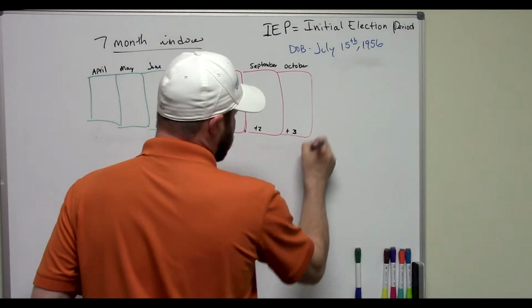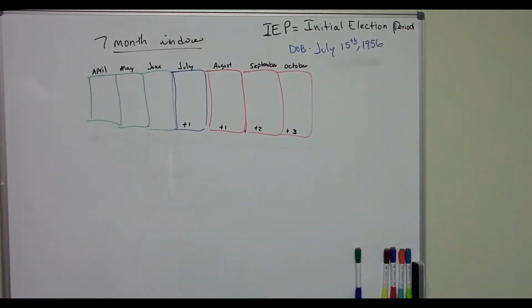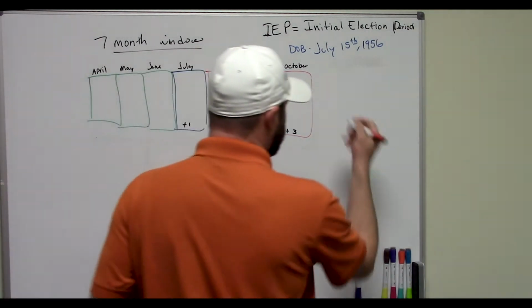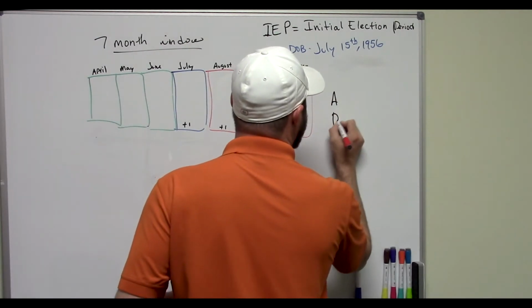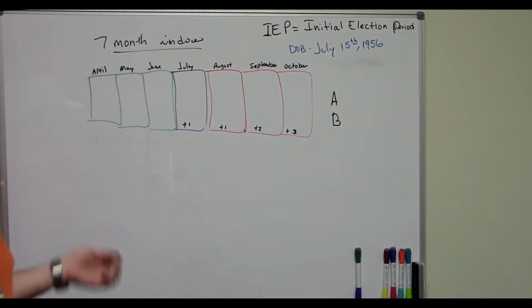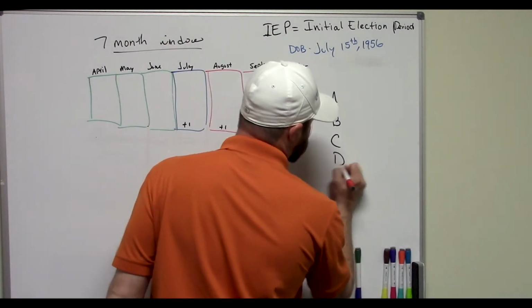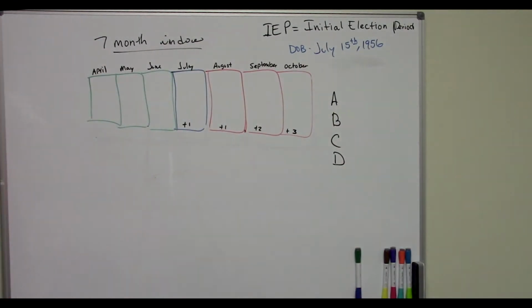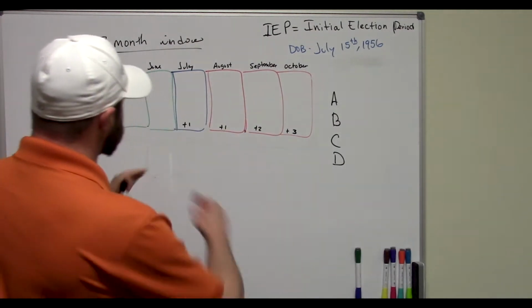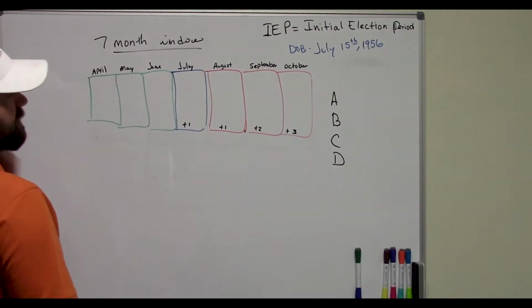And you are enrolling in that during your initial coverage period. So that would apply to Part A, Part B, and you also have your IEP for your Part C and potentially your Part D as well. And so you have all 4 parts following the 7-month window.